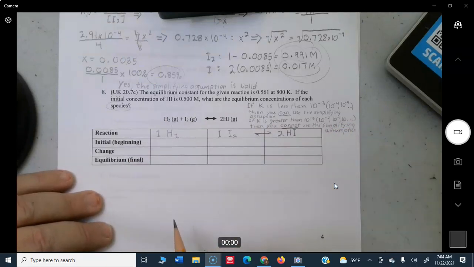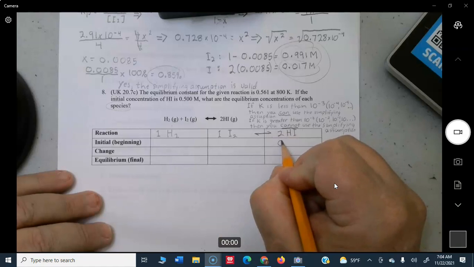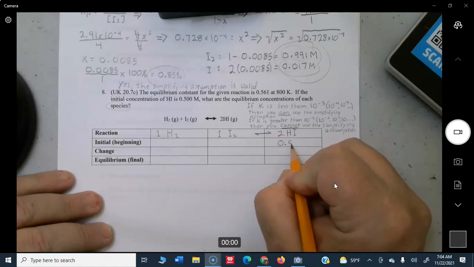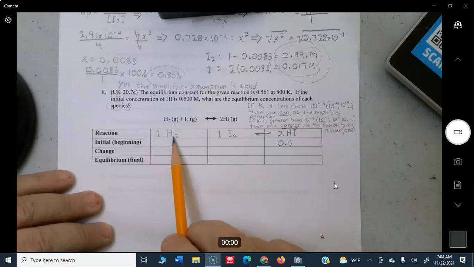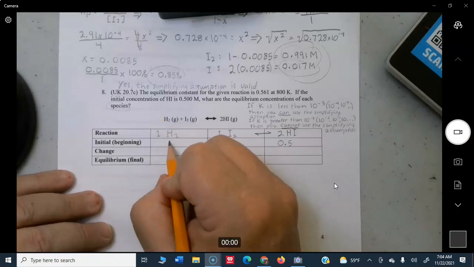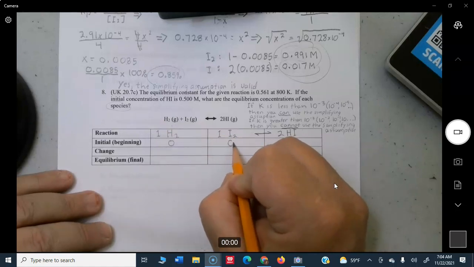Okay, so we have initial concentration of HI is 0.5 molar. And we're not given initial concentrations for H2 or I2, so again, if you don't make this assumption, you can't do these problems.